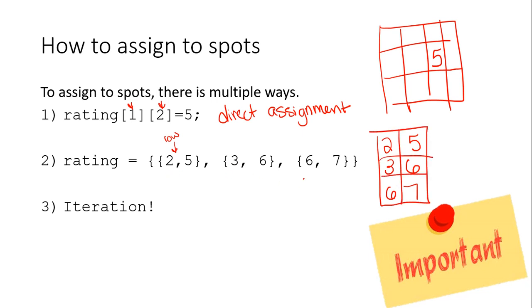Okay, so this 2D array would have 3 rows by 2 columns. Those columns would be labeled 0 and 1 for their indices, and the rows would be labeled 0, 1, and 2 for their indices. Okay, so in this case, 7 would be in row 2, column 1.